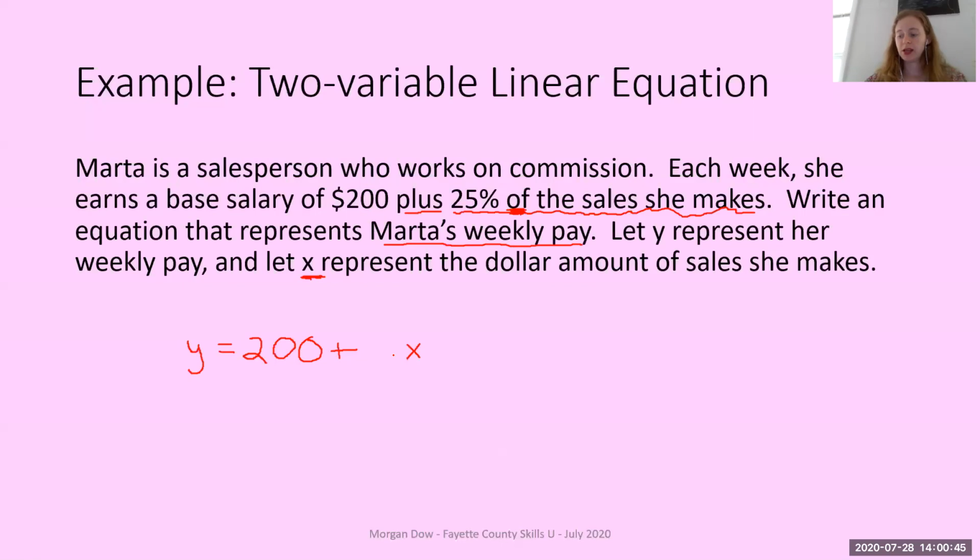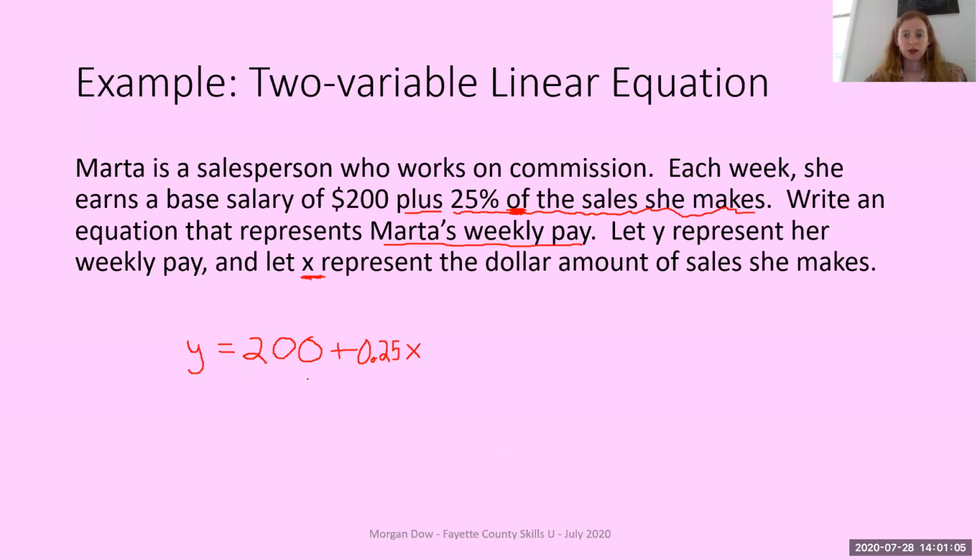We're probably going to be using decimal numbers. So what is 25% written as a decimal? 25% as a decimal is 0.25. 25% means 0.25 of something.